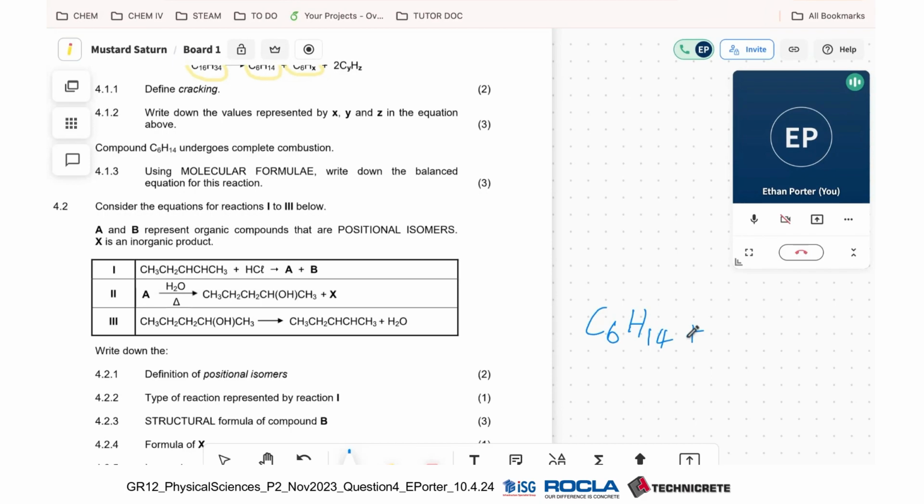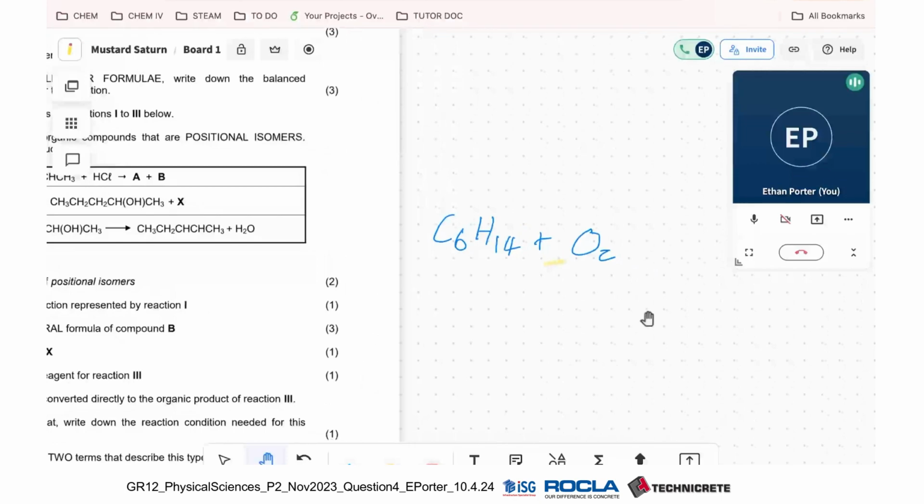So we know that for combustion, we definitely need oxygen. We're just not sure how much yet. We know that our products, I'll write it at the bottom, it's definitely going to be CO2 plus H2O. We're just not sure how much of each right away.